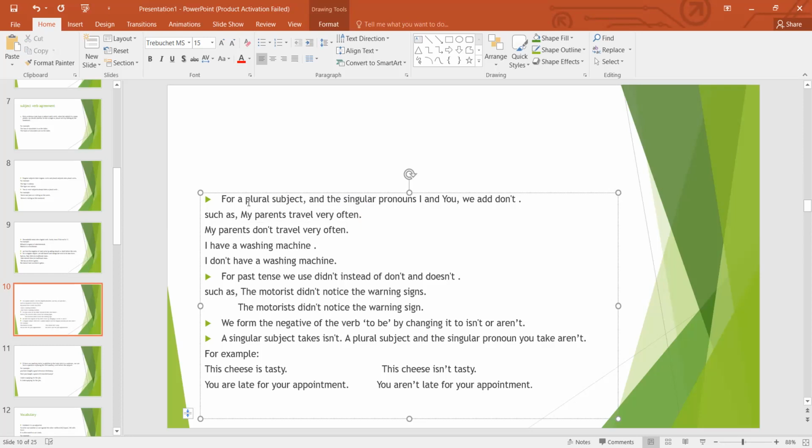So in the previous line, we learned that a plural subject and the singular pronoun take don't. Whenever we talk about any plural subject or any singular pronoun like I and you, we add don't in the present form. So my parents don't travel very often. This is a plural subject and we use don't.